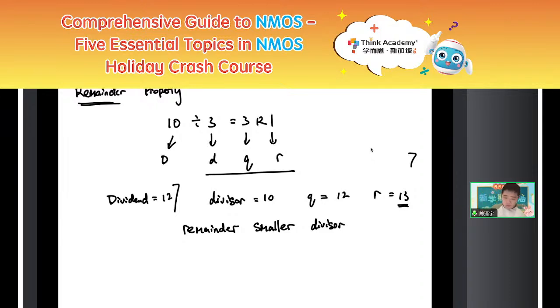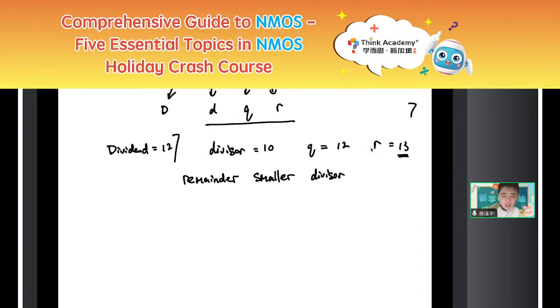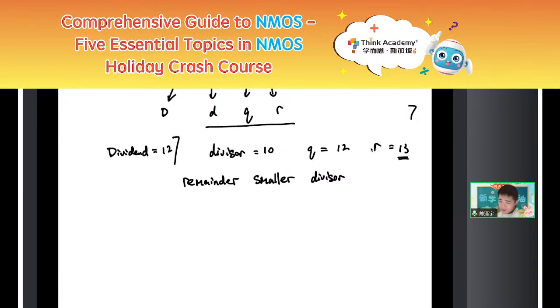So if the remainder is bigger than the divisor, then it will just add to the quotient. So it makes no sense for the remainder to be bigger than the divisor. All right. Now, this is like the basics of the remainders.